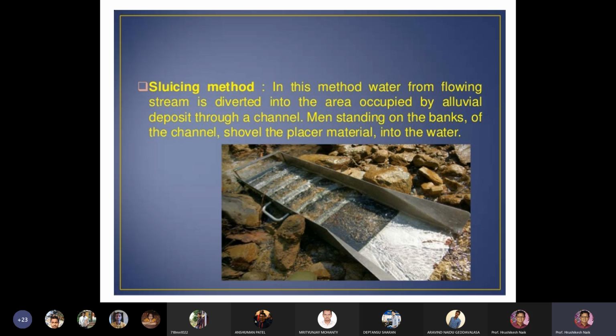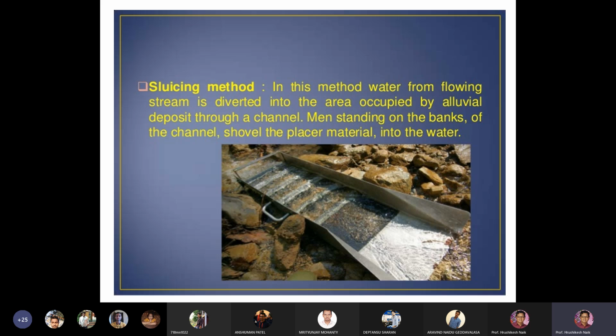So, what is the sluicing method? This is a sluice box. In this method, water from the flowing stream is diverted into the area occupied by alluvial deposit through a channel.